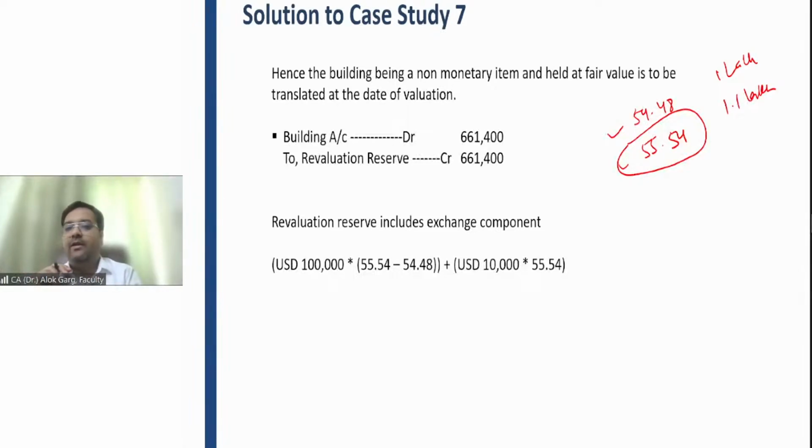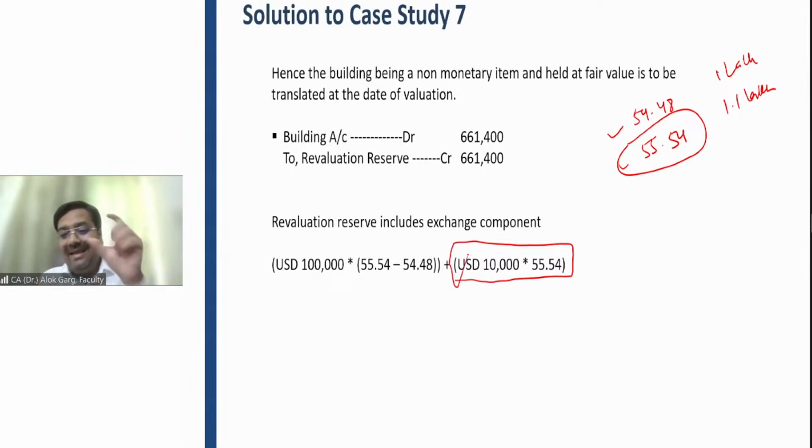So there are two ways of recording this transaction. The first way, simple: this 1 lakh has become 1.1 lakh, so there is an increase of 10,000, right? So what you can do, 10,000 multiplied by 55.54.